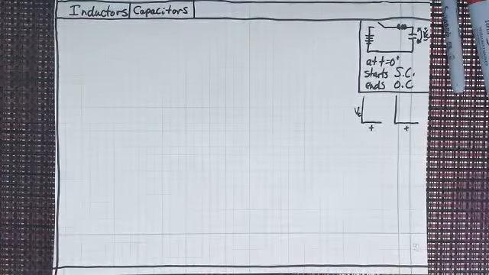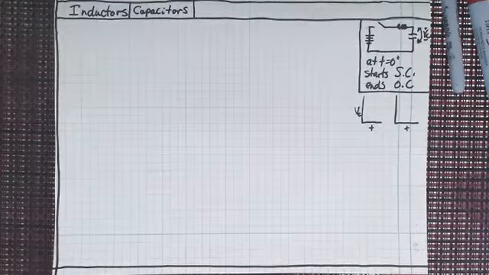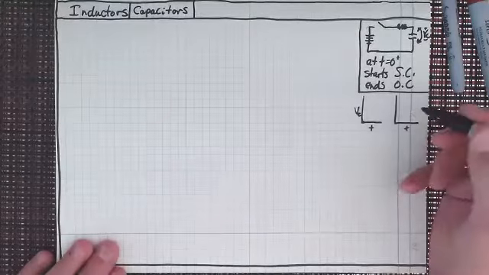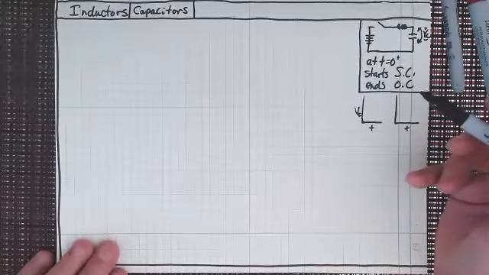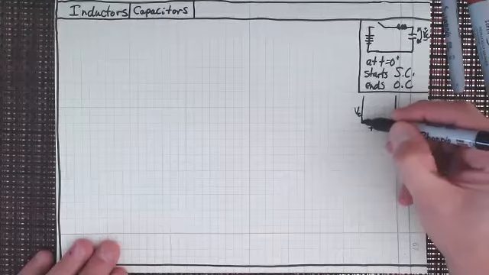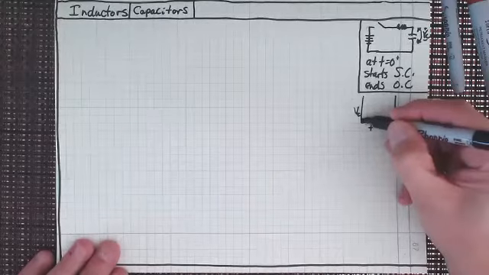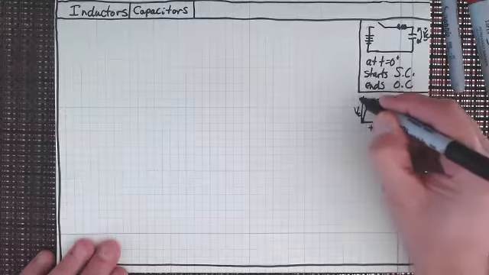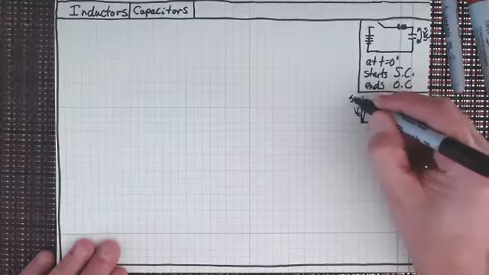In the beginning, it's going to start at 0, right? It's going to start at 0, and then it's going to pile up, eventually getting to a point where it asymptotes off at 50 volts.